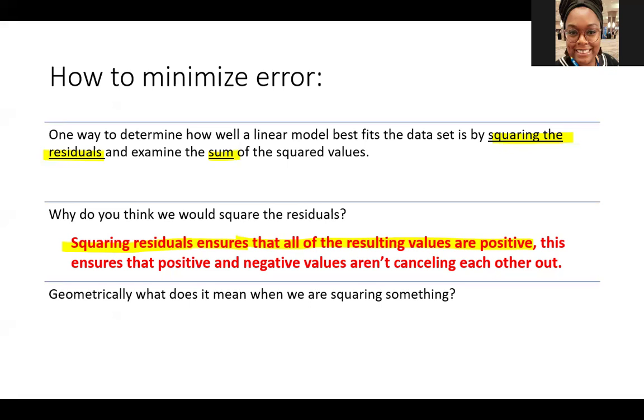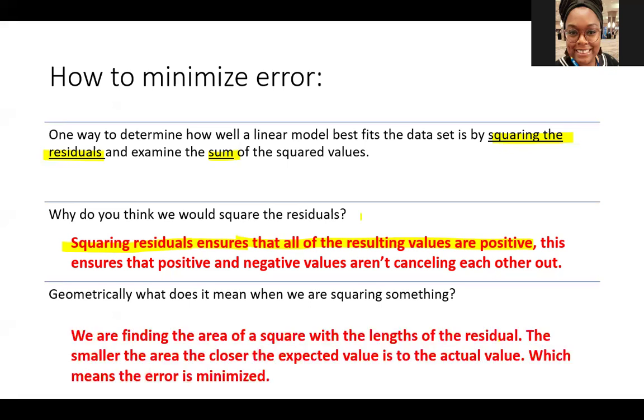Geometrically, when we are squaring something, we are finding the area. So when we are finding the area, we're finding the areas of our residual length, and that's why we're squaring.